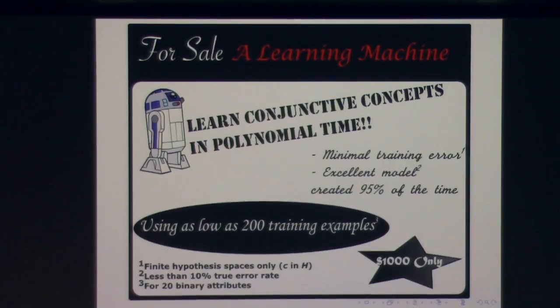Okay, now one thing that you will see in this ad, as well as what I was talking about earlier, is that we always assume that your concept is in your hypothesis space. That's why it learns a consistent hypothesis, which makes zero training error, right? But what happens if that is not true?